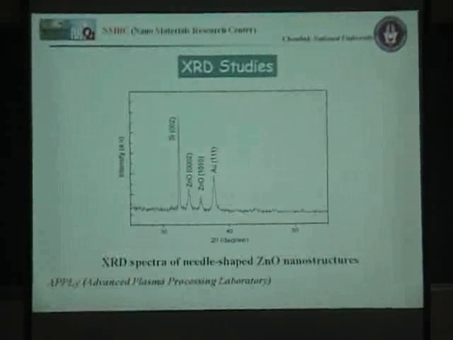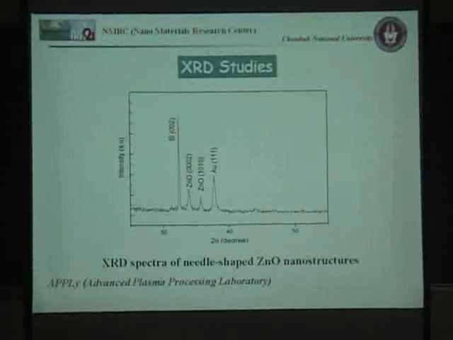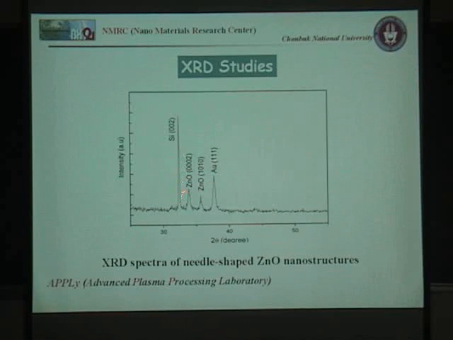It means that our needle-shaped structures are grown in both directions, but preferentially oriented in the 0002 direction. Silicon and gold peaks are also observed. This means that some gold residue is left after the reaction on the substrate, like we see in the EDS spectra of these structures.